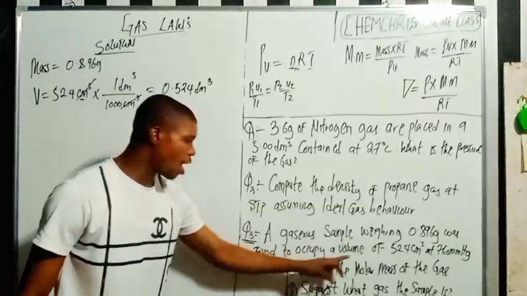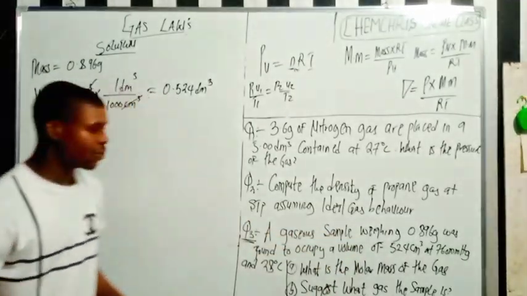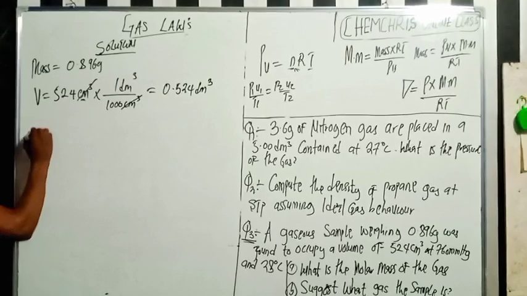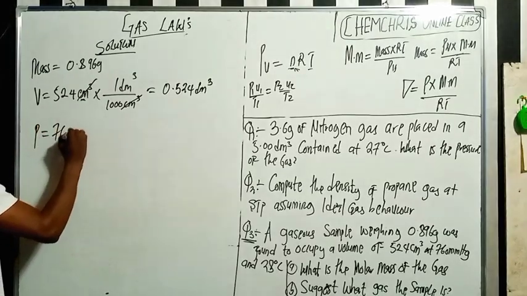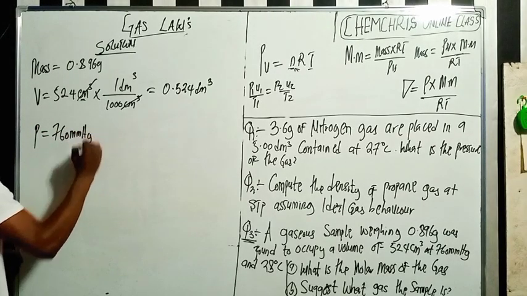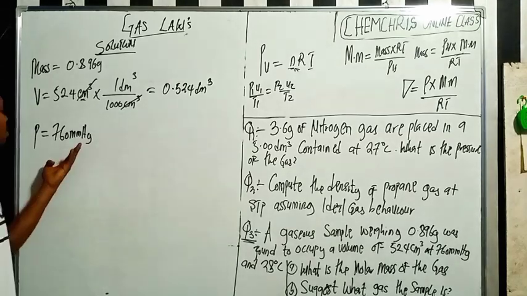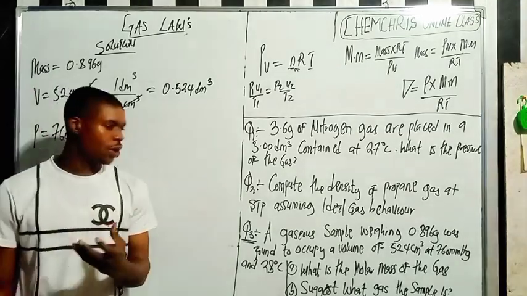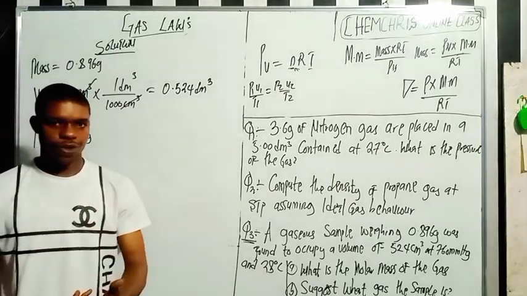Now, the pressure was 760 millimeter mercury. Remember, pressure must be in atm when you talk about the ideal gas equation.